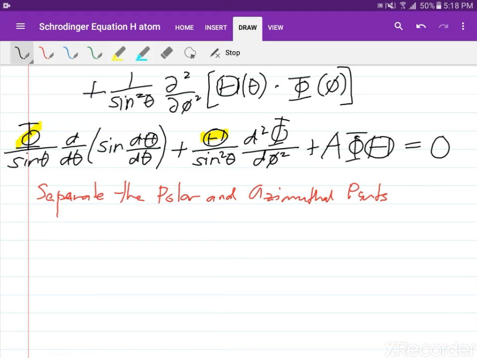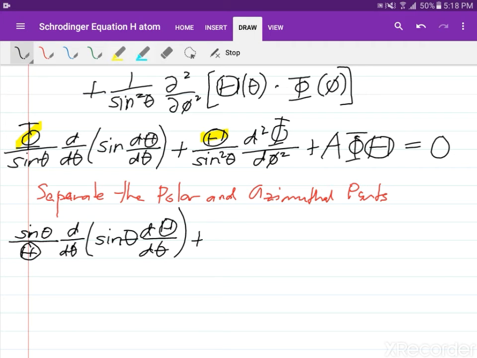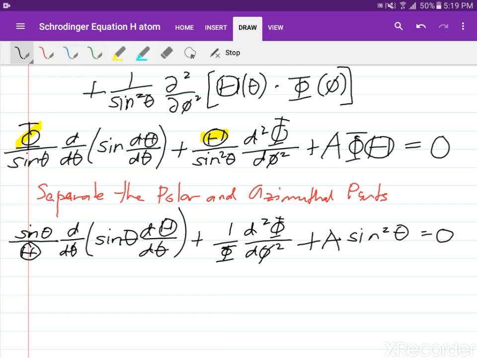Okay, so rearranging, we can have times sine of theta plus 1 over capital Phi plus a sine squared of theta equals 0.